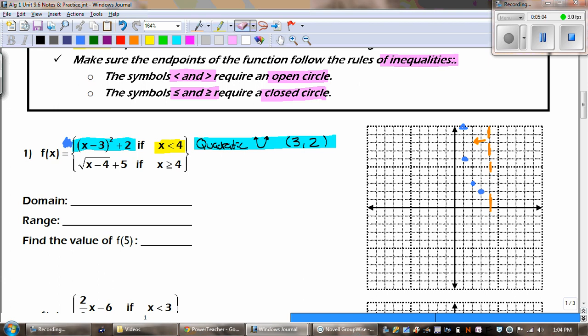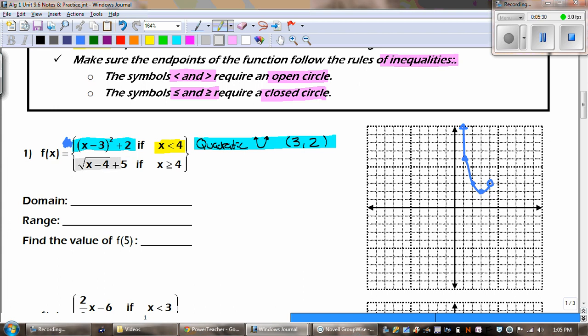And our other point, since it's just less than, that's going to be open. So our new graph is going to look just like that. That's just our first graph.